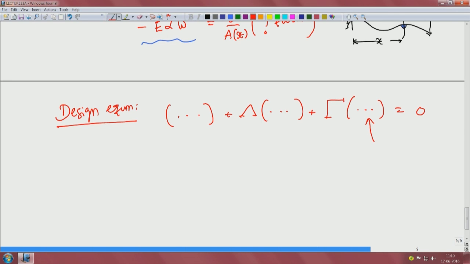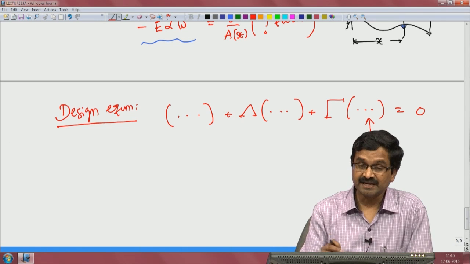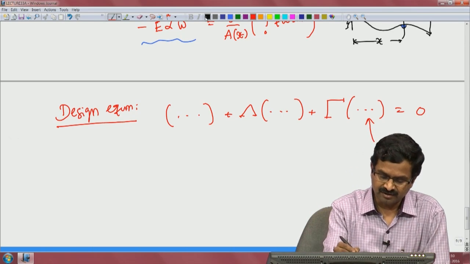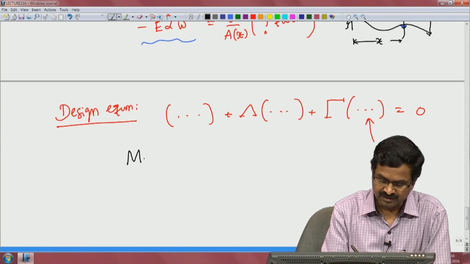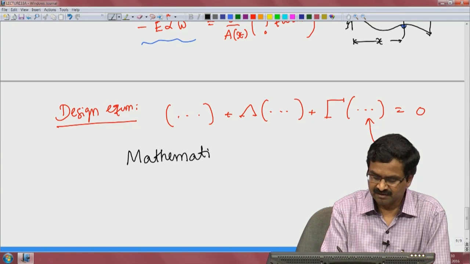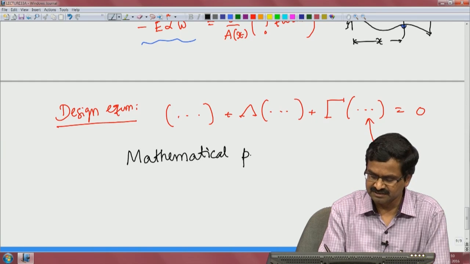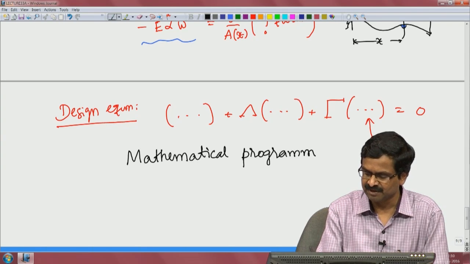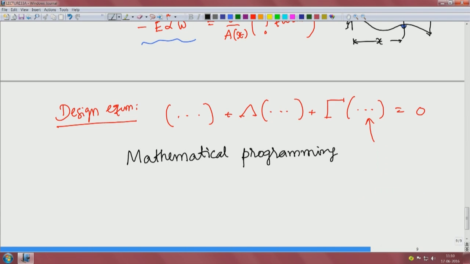So, if you do not want to solve analytically, or you cannot do it analytically for complicated problems, this analytical procedure is still applicable because you get expressions for the gradients. Once you have that, you can use any of the nonlinear or what we call mathematical programming techniques, which are plenty these days, readily implemented in, let us say, MATLAB.